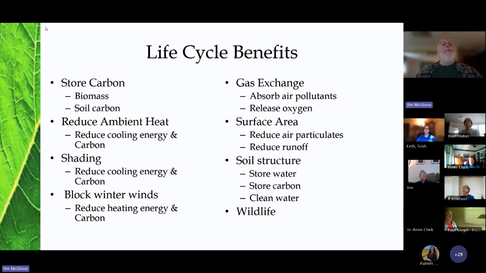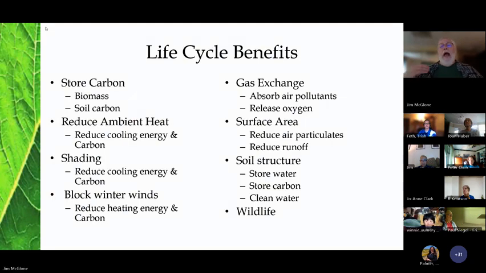Most of the tree is made up of carbon compounds. Lignin and cellulose are both natural polymers. So we know the tree is made up of a lot of carbon, but what most people don't realize is that trees are injecting a lot of carbon into the soil. I mentioned cellular respiration, which is the process of burning those sugars, and a byproduct of that for the trees is carbon dioxide.